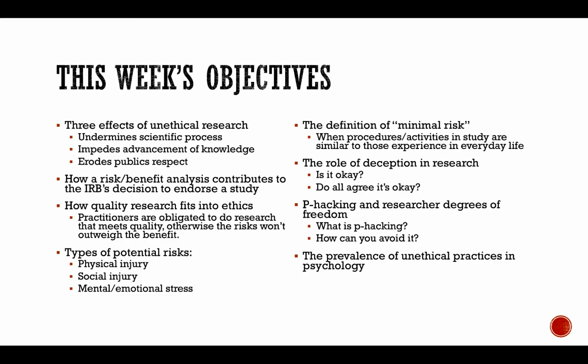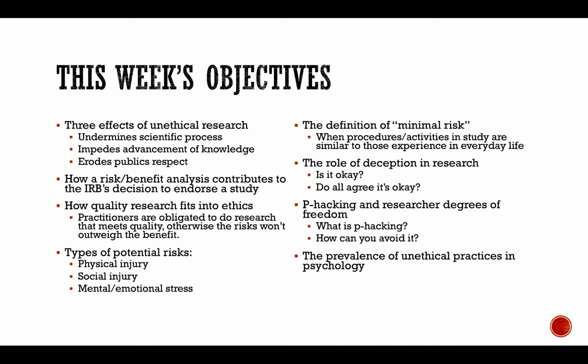So, this week's objectives, hopefully we understand the 3 effects of unethical research. We understand how a risk-benefit analysis contributes to the IRB's decision to endorse a study. We understand how quality research fits into ethics. We also know the potential risks, such as physical injury, social injury, and mental and emotional stress. We know what minimal risk is, and we understand the role of deception.